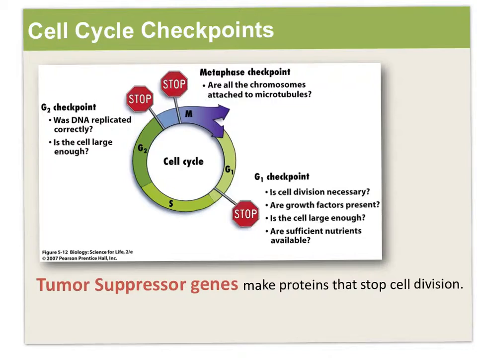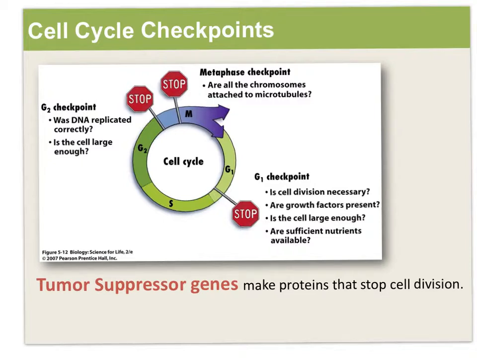G1 is the normal phase that a cell is in. It's functioning properly. It's making proteins, doing what it's supposed to do. In G2, it's already made a complete copy of the genome, but now that cell also has to basically duplicate everything in the original daughter cell.